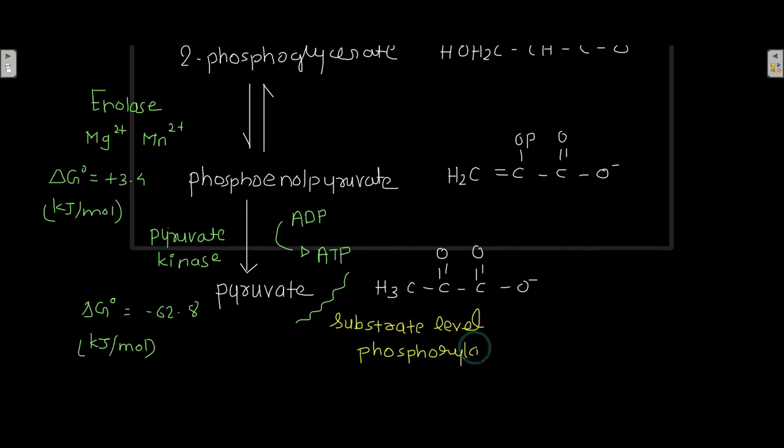That was the last step of glycolysis, in which there is substrate level phosphorylation, and at last we get 2 pyruvate from one glucose molecule.